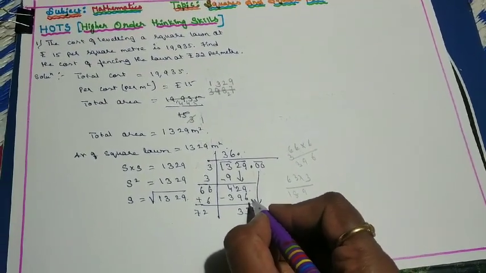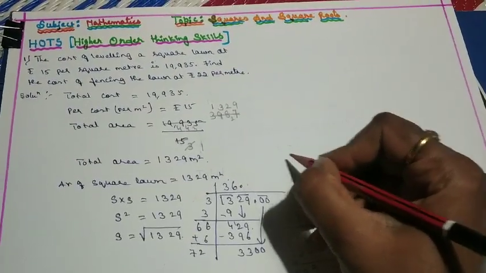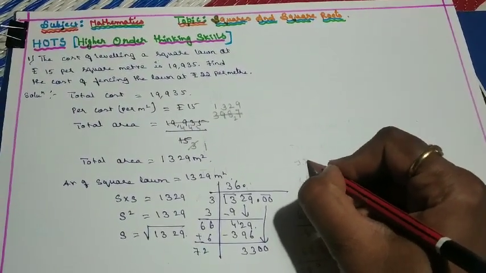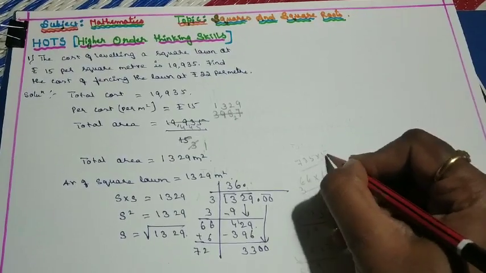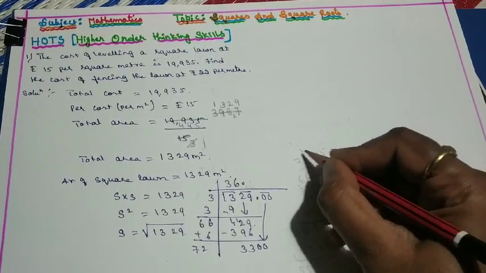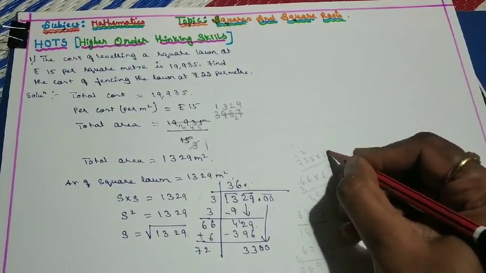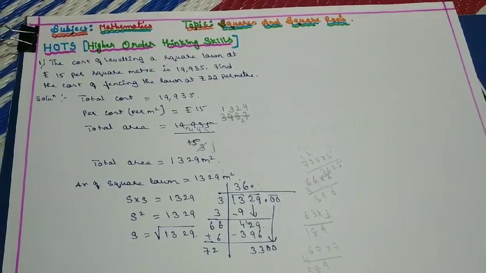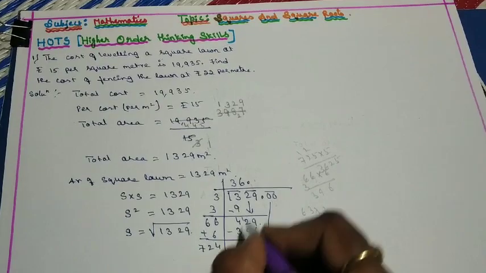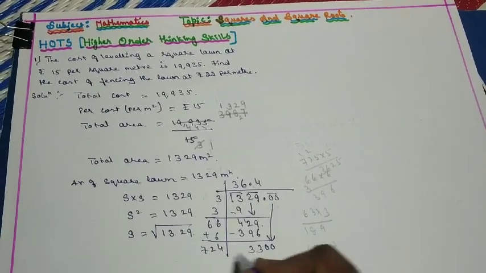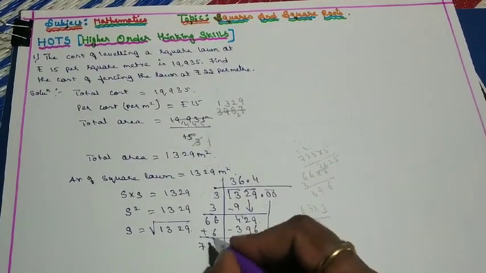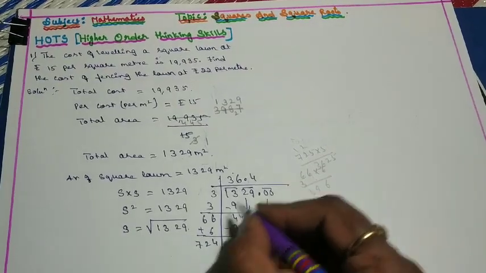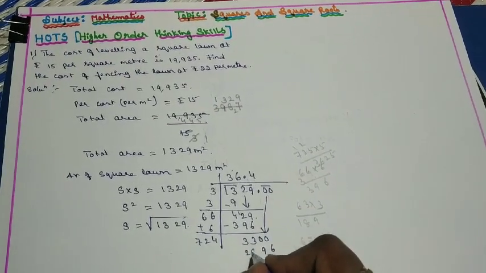I'll go with the 5 table here. 5 5s are 25, 5 2s are 10 plus 2, 12, 7 5s are 35, 36. So it becomes greater. So instead of 5, I'll go with the 4 table. 4 4s are 16, 4 2s are 8 plus 1, 9, 4 7s are 28.